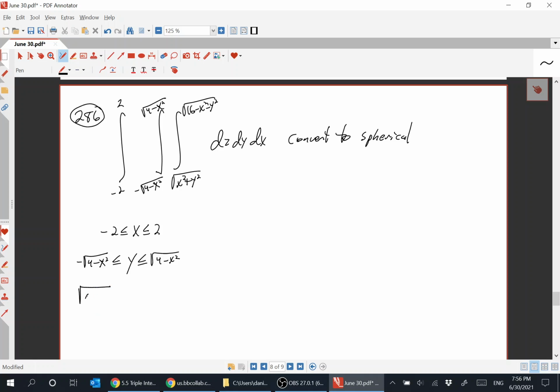Those are x's. And then square root of x squared plus y squared less than or equal to z less than or equal to square root of 16 minus x squared minus y squared.